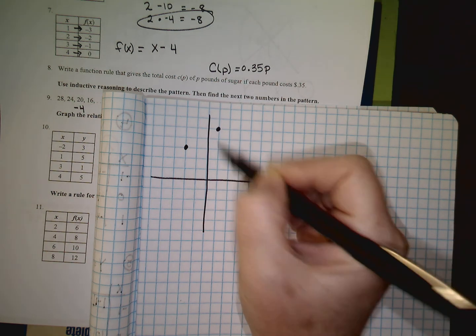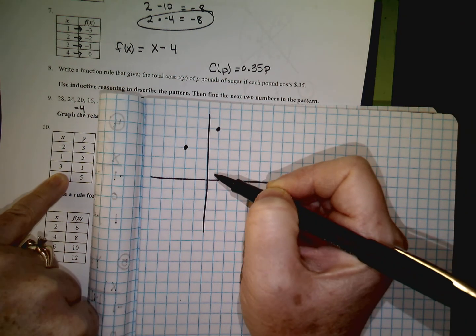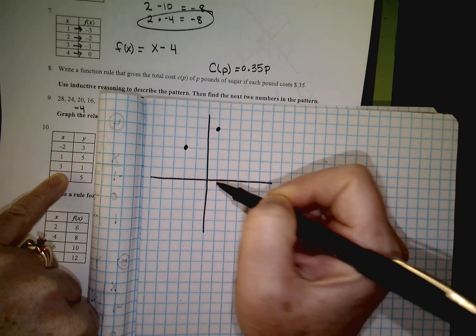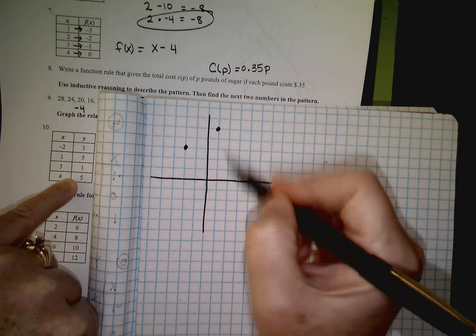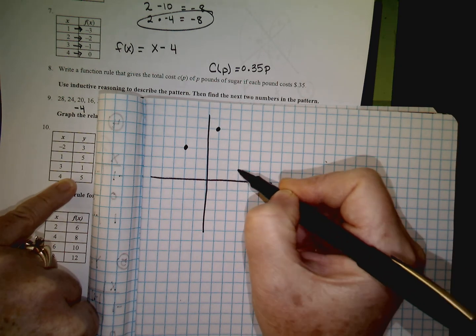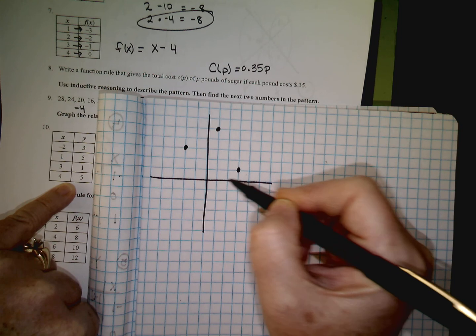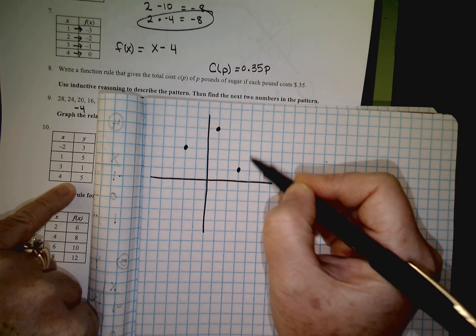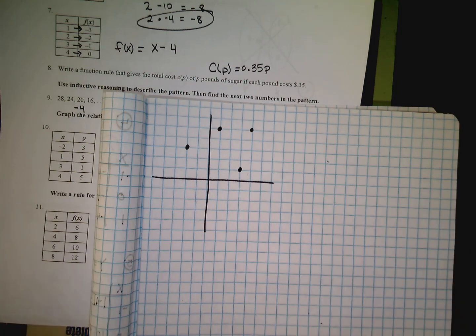Next point. Did I get that right? Negative 2, 3. 1, 5. 3, 1. 4, 5. Now, all we've done is put the dots on there.